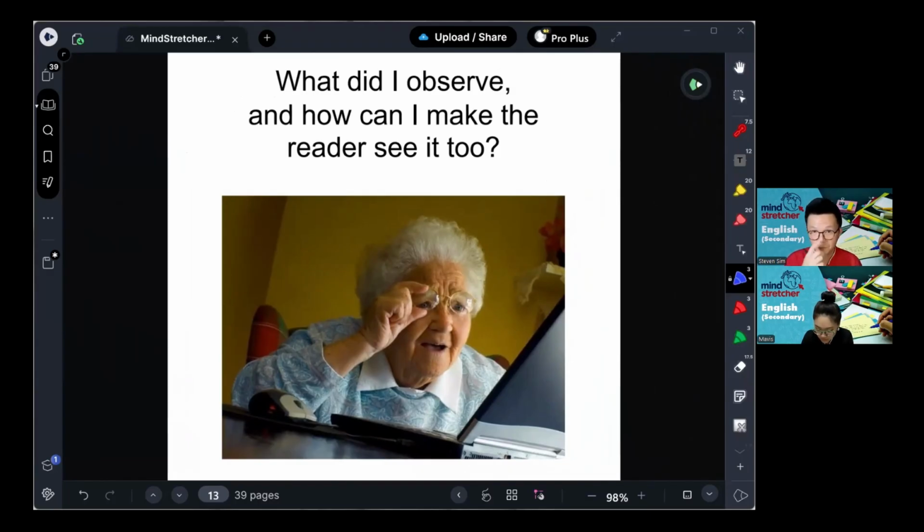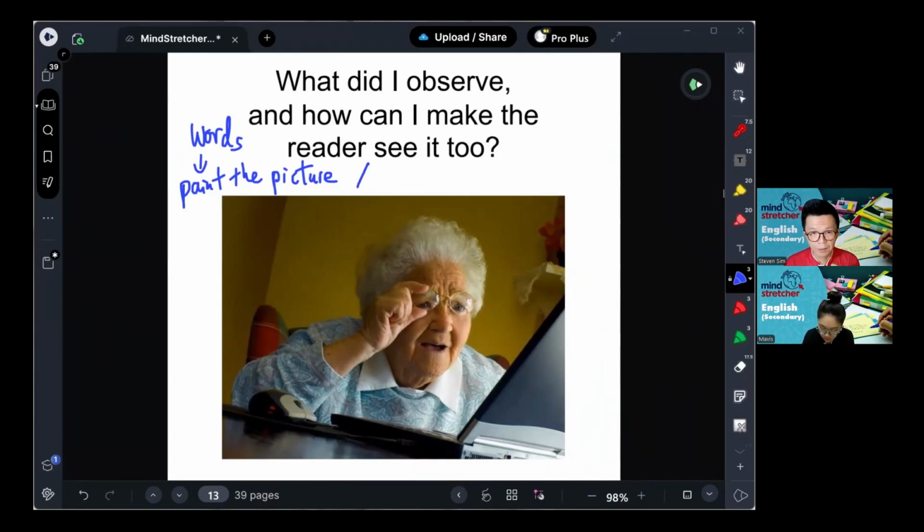What did you observe? And then now you have to say, okay, this is what I observed, and now I need to use words to paint the picture. You're using words to create the image in the minds of the reader.